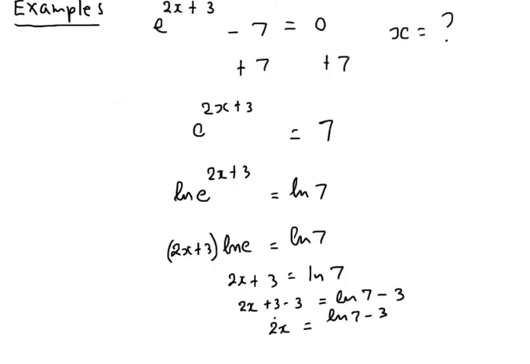Then after this, we can divide both sides by 2, isn't it? Then maybe let's write here and say, therefore, x is equal to (ln 7 minus 3) over 2. Then evaluate here. I'm not going to evaluate that. Use a calculator to evaluate that. Maybe you're going to get your answer.